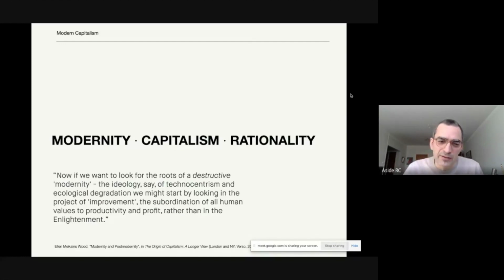So it's important also to be aware that there's not just one history or one way of dealing with modernity, that there are many different modernities, and that there are many different ways of engaging with processes of rationality.